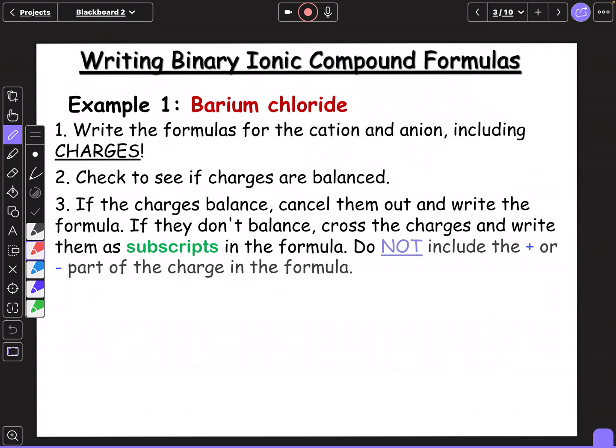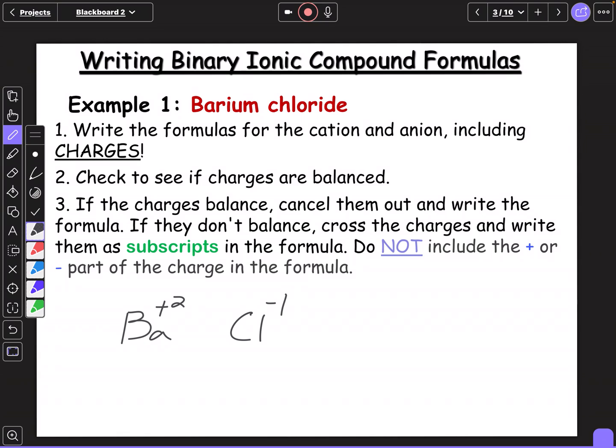So barium, I look it up. It's in group 2A. I know they form +2. I write it as a superscript. Then I write the anion, chlorine, Cl. I look it up. It's in group 17 or 7A, and the ion they form is -1. I write that as a superscript.